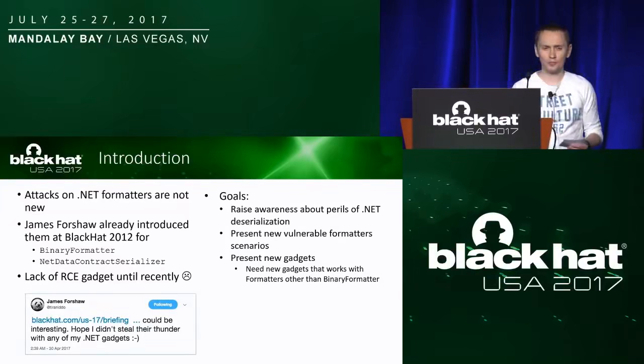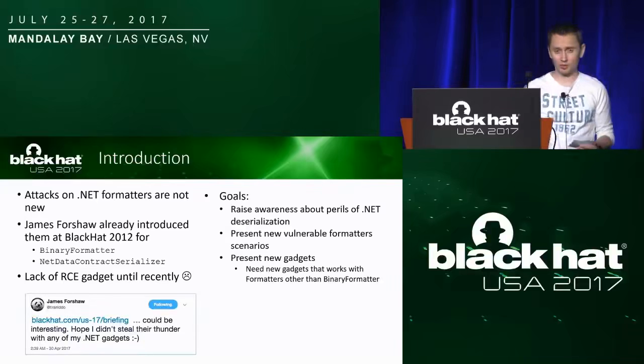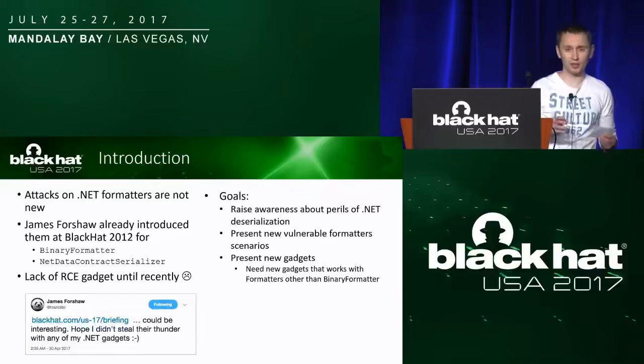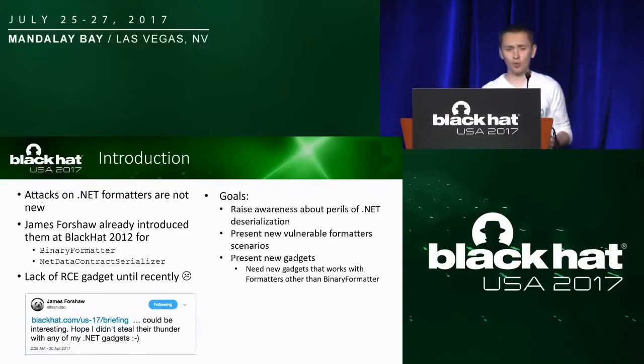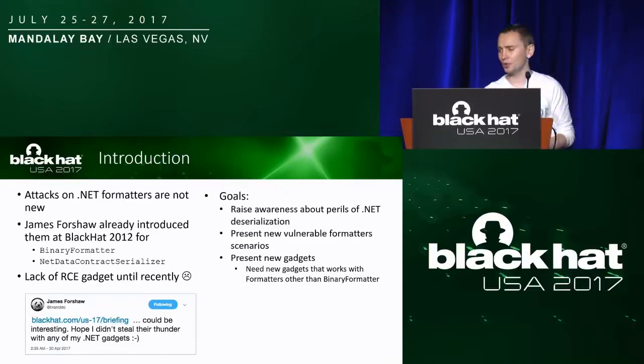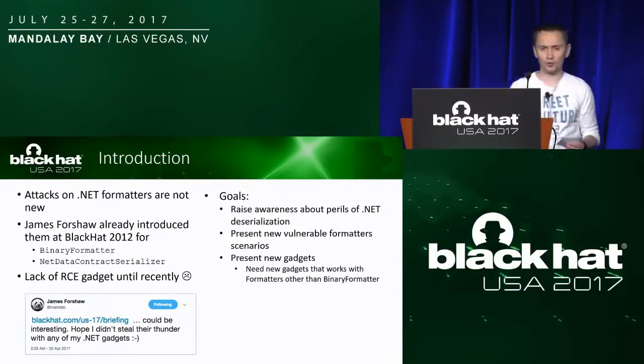But after our work was ready and the talk was accepted by Black Hat, the same James Forshaw published a couple of remote code execution gadgets for BinaryFormatter as part of his own research, by the way not connected with JSON or our talks. Anyway, you can find details about this gadget in his post on the Google Project Zero blog. Here we will focus on our own.